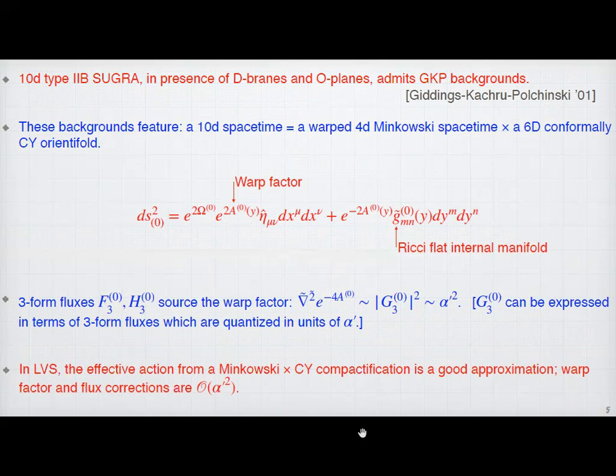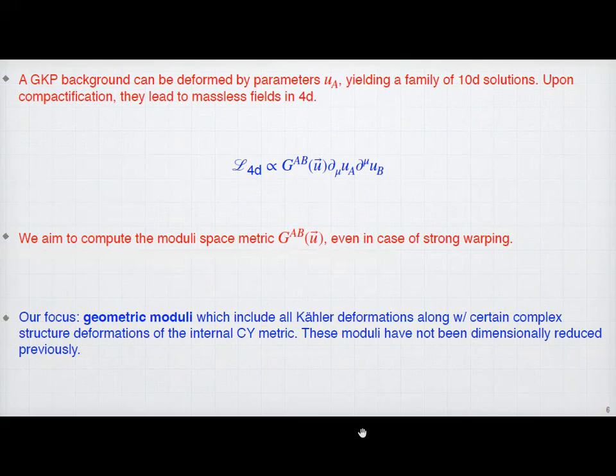If we take the deformations, which are Kähler and complex structure deformations, a set of parameters will come from those deformations. We want to dimensionally reduce those moduli. This has not been done previously.